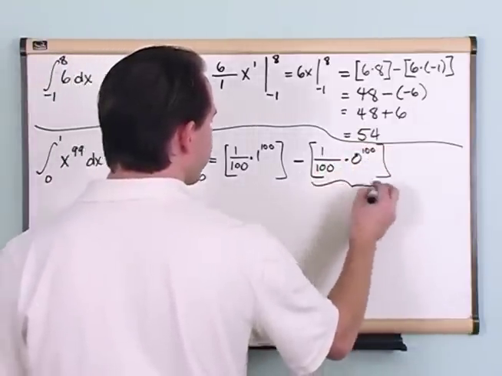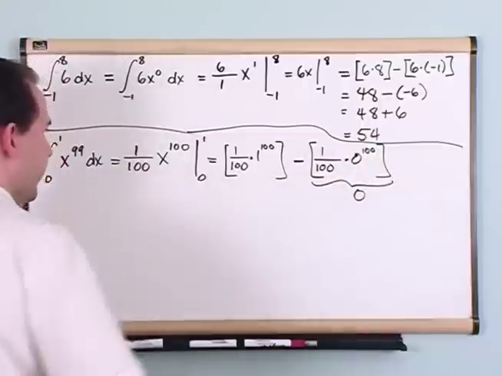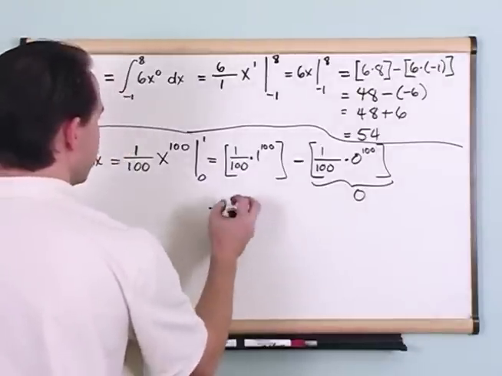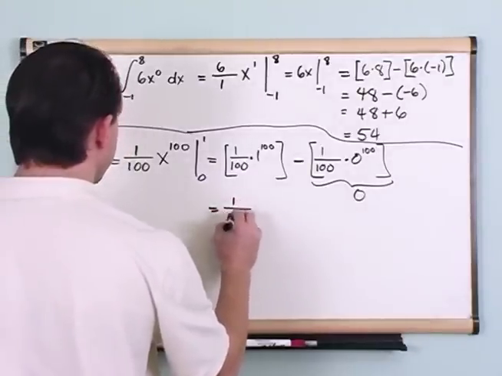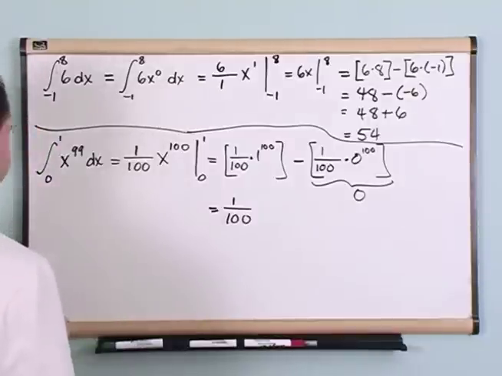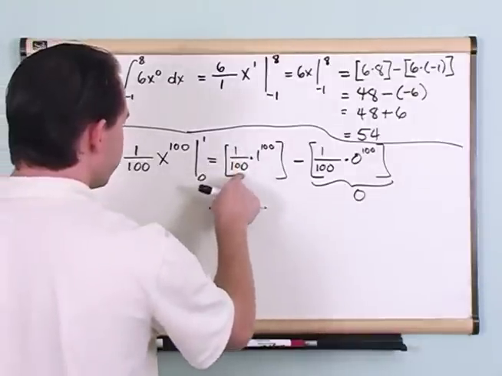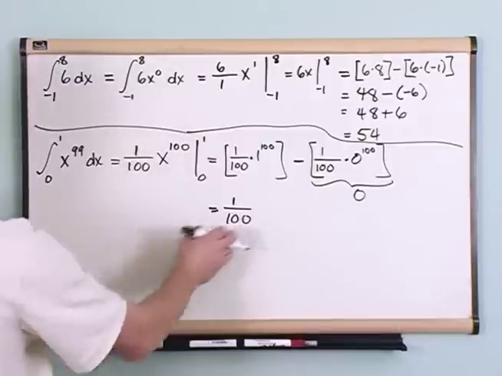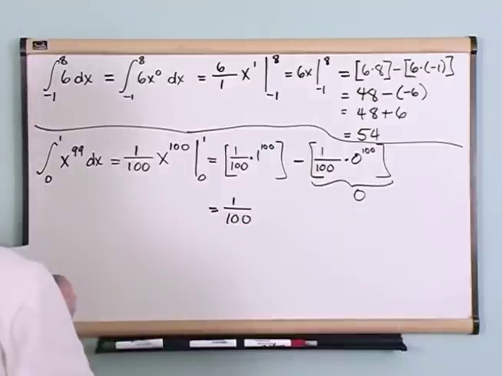So you know this whole thing just goes to 0 because 0 to the anything power is just 0. And so in the end what you're going to get is 1 over 100, which is the answer because you have 1 over 100 times 1. 1 to the 100th power is just 1. This goes to 0, so that's your answer. Okay?